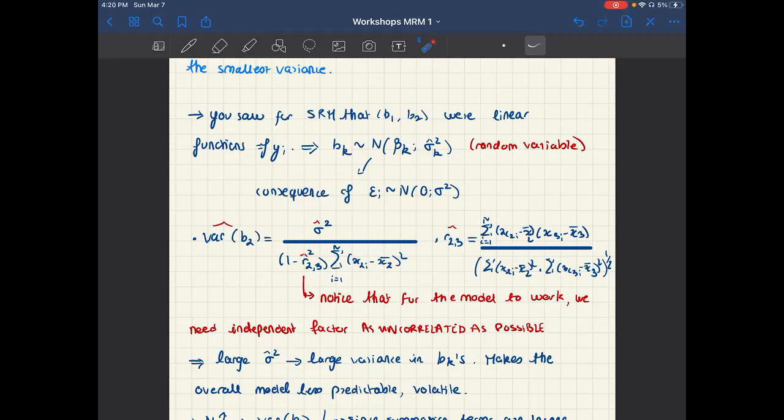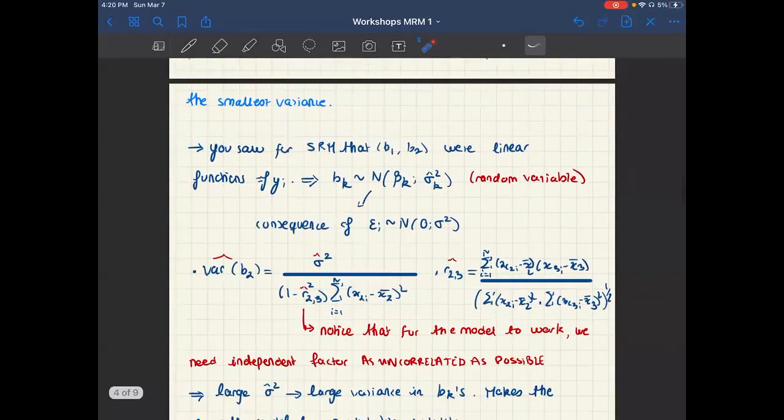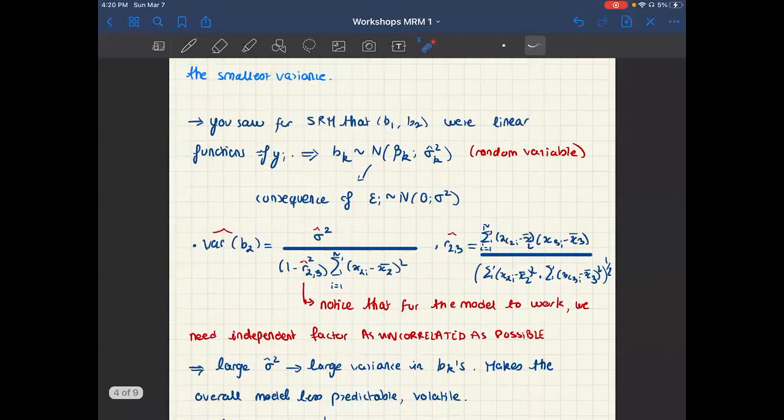Other than that, one really important thing to notice, and you guys probably did that in class with Saraswata, is that you were able to write B1, B2 as a linear function of the dependent variable.